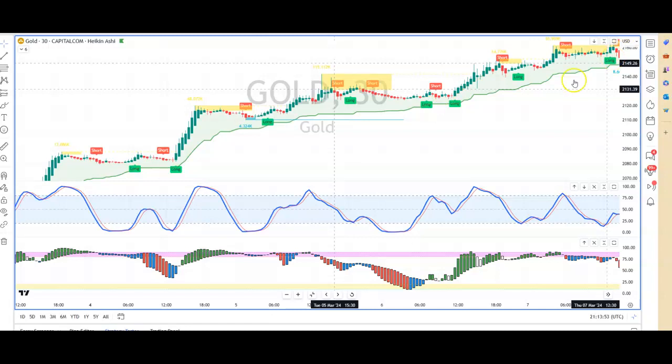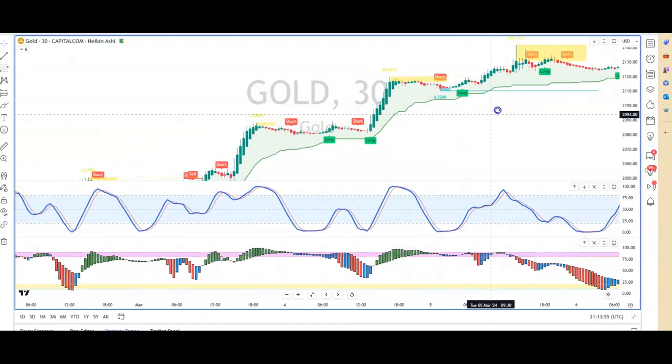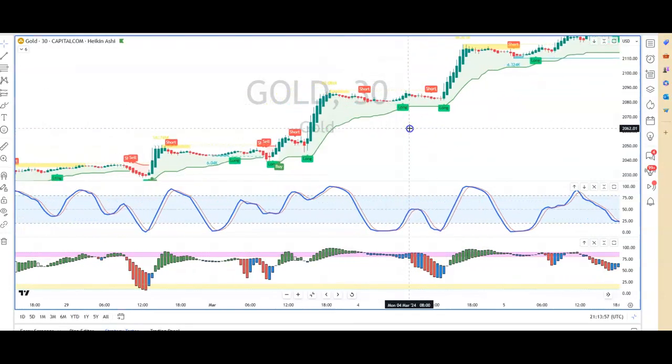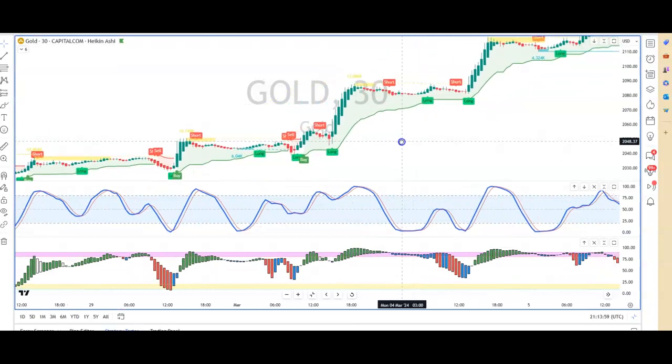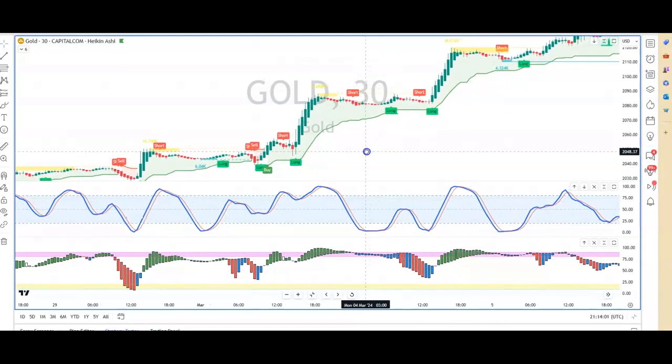So let's just do a few numbers here, shall we? Just to give you an idea of where your stop should be and where your target should be. Let's have a look at this one for instance. So do our rules apply? It's come from oversold in an uptrend.